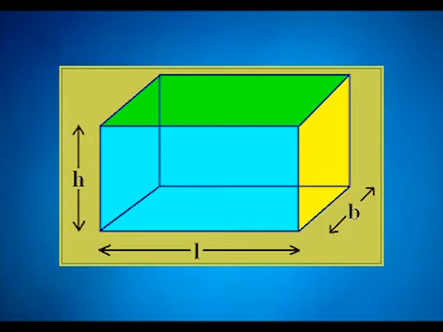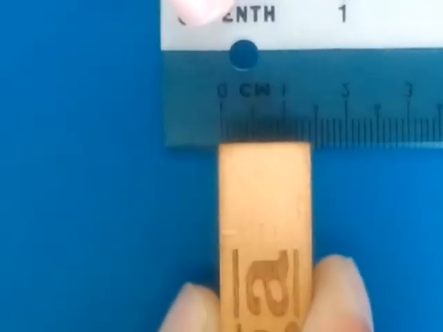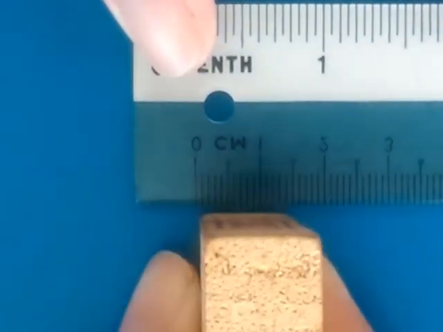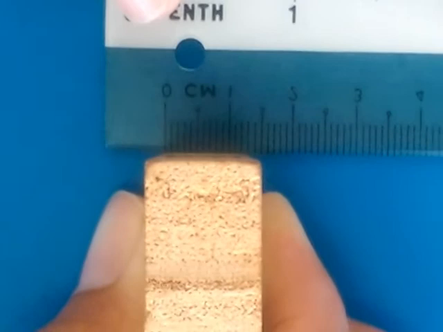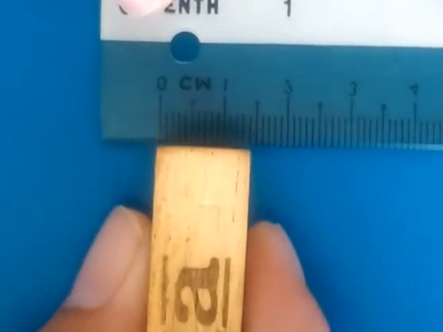To find the volume, the block needs to be measured for its height, length, and breadth. Use a ruler to measure the height, length, and breadth. Take these measurements at 3 different points on the block, as the block may have a slight irregularity at different parts. Take the average of those 3 measurements to ensure accuracy.